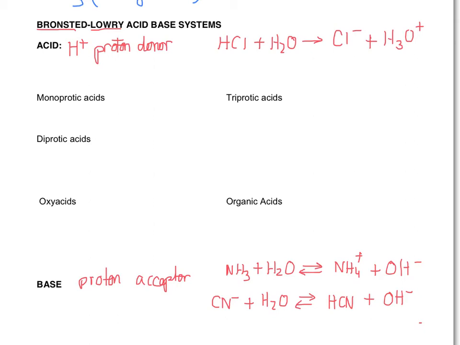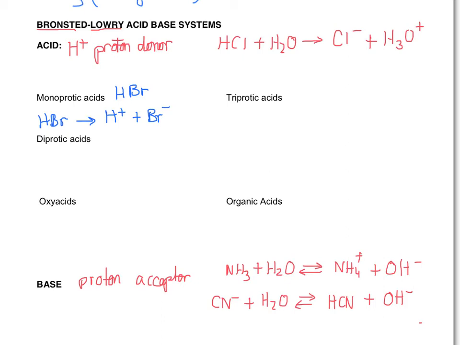So for example, HBr. When it dissociates, it's a strong acid, so only one arrow. It dissociates into H plus and Br minus, and so only one proton is given off, and so that's called monoprotic.